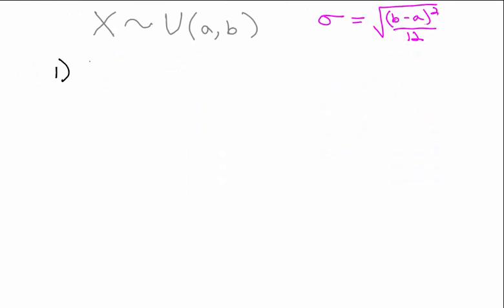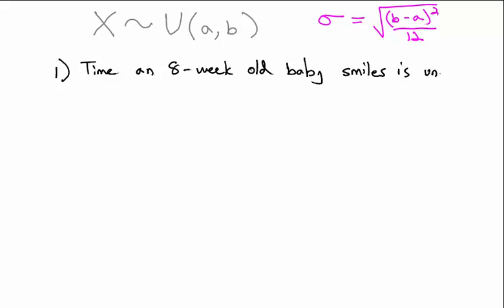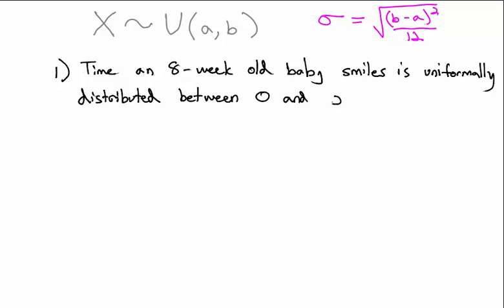Turns out the amount of time an 8-week-old baby smiles is uniformly distributed between 0 and 23 seconds.